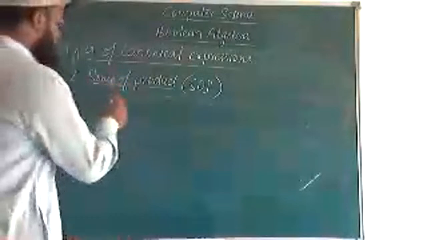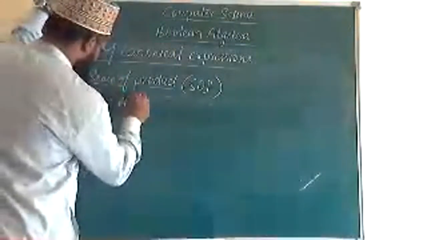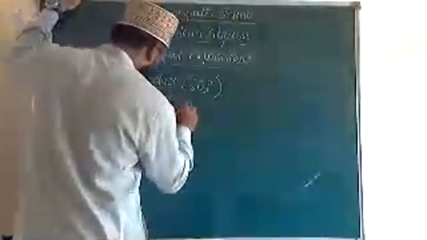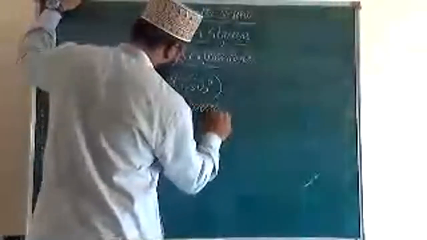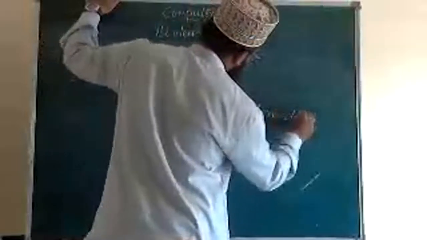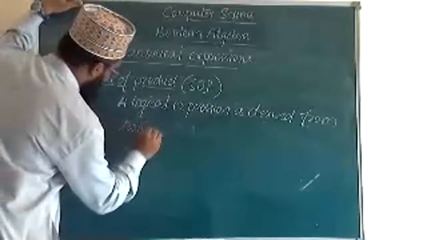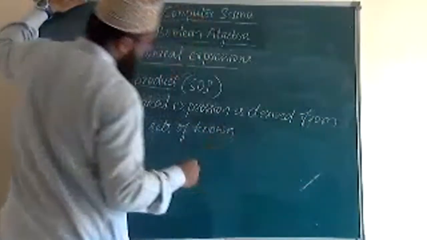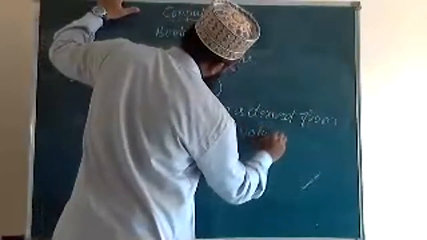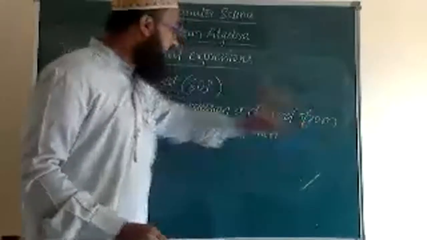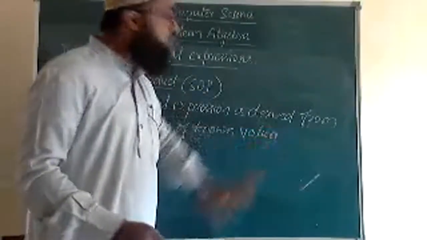Sum of product means a logical expression is derived from two sets of known values. A logical expression is derived from two sets of known values.